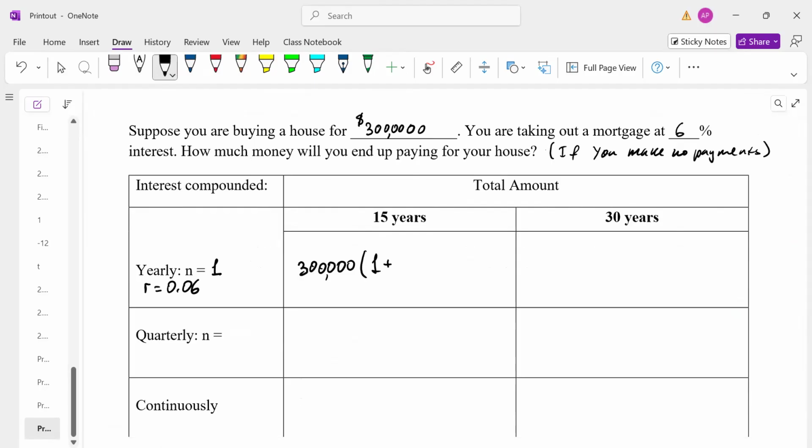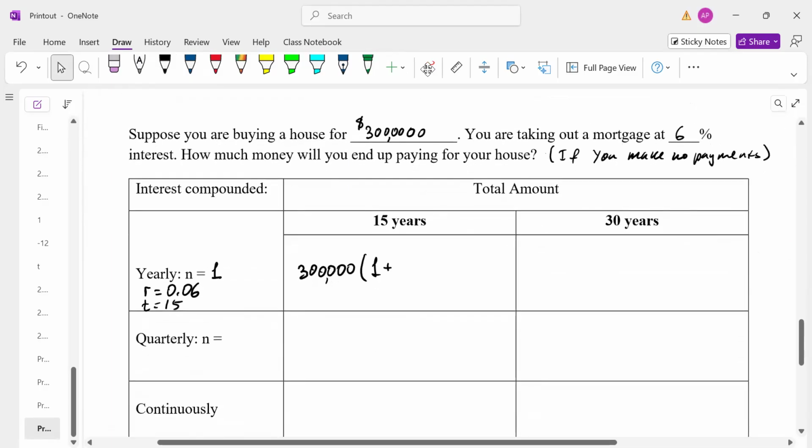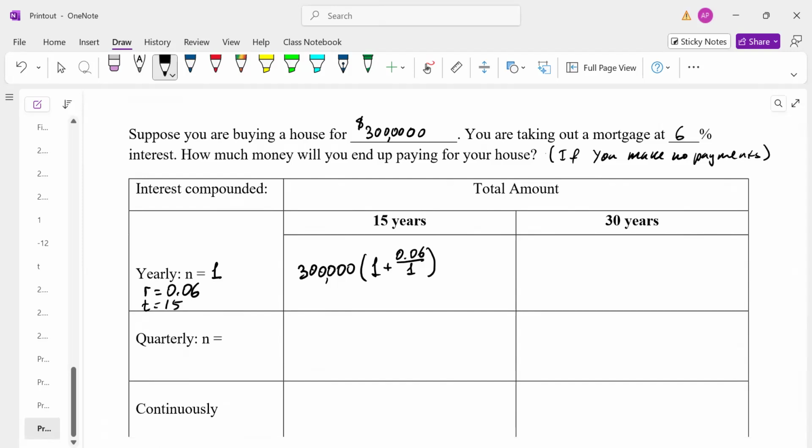We already know n is 1, and then our t will equal 15. So it's going to be 1 plus 0.06 over 1 to the power 1 times 15. Okay, so you just type this whole thing in a calculator and let's see what we get.